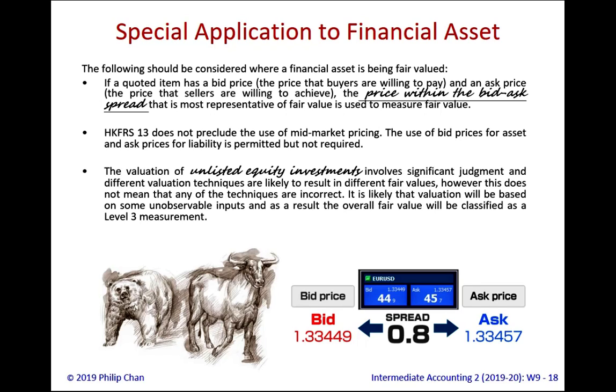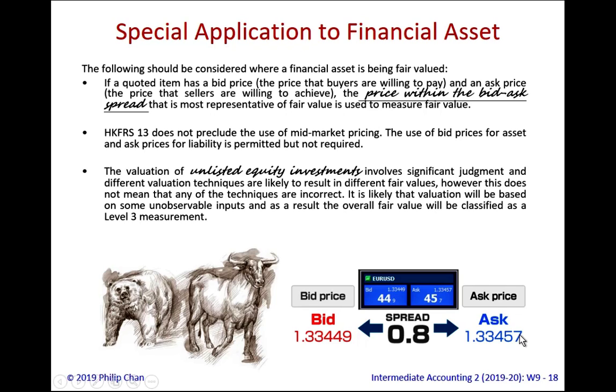Now, after reading the 3 bullet points, notice that we seem to have some guidelines, but the guidelines are not clear, because what we said here is, in fact, we can have any price in between, we can have any price like in the middle, and if it's an asset, we can use the bid price, and for liability, we can use the ask price.